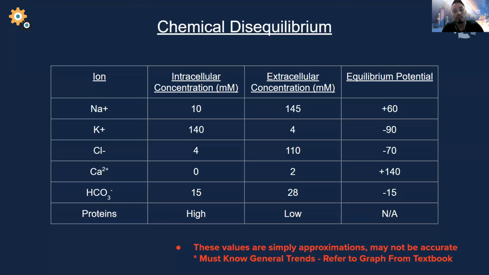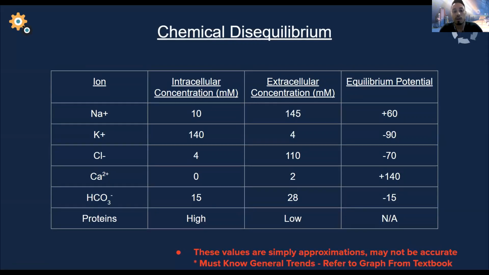Here we talk about chemical disequilibrium, and throughout every physio exam and every textbook I've seen, this is usually something you're going to get a question on. I remember my first physio midterm last year, they had a question that gauges whether you understand what belongs where.